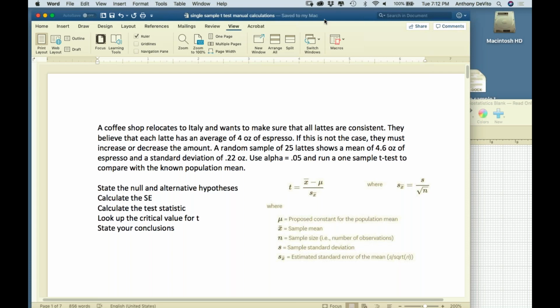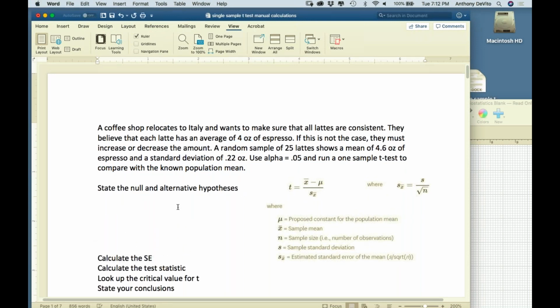Okay, so next I'm going to say to myself, fine, that's good. Now I want to compare whether or not that's really equal to the population average that everybody else pours in Italy of 4 ounces, right? So the first thing I want to do is write my null and alternative hypothesis. H null and H alternative.